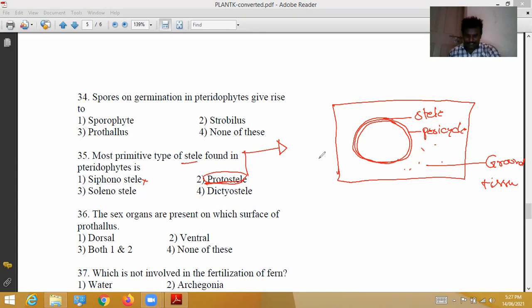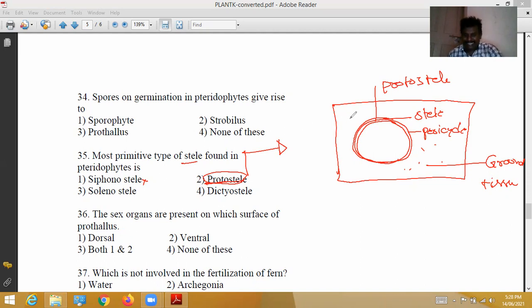Next, the simplest and most primitive type of stele is the protostele, in which the xylem is in the center of the stele. So the most primitive type of stele is protostele.